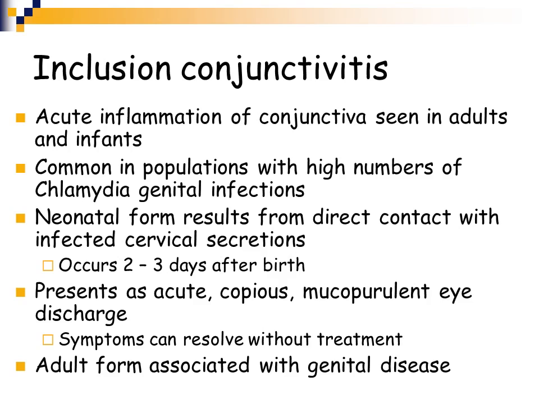So what happens is it can occur in neonates during birth due to the direct contact with infected cervical secretions. So chlamydia, normally we know chlamydia as a sexually transmitted infection. So women that have a genital chlamydia infection when they're giving birth or in utero, the neonate can become infected.